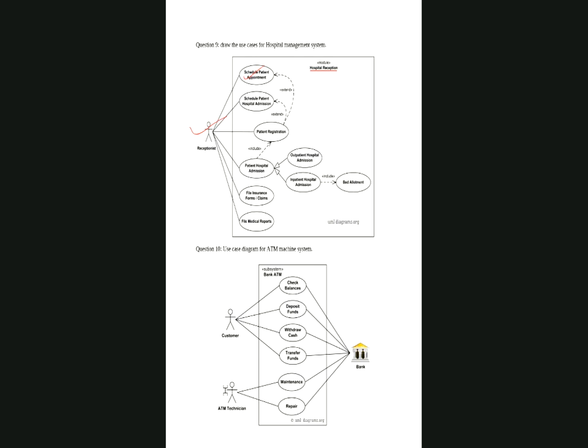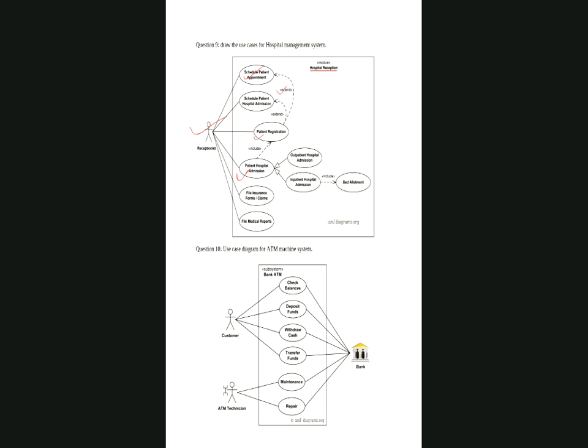So see, patient hospital admission directly: the receptionist is doing patient hospital admission. Why? This is an emergency case. If it is not an emergency, first the patient has to come for registration. When he has done registration, then it is for the patient to schedule an appointment. Now see, the appointment is given, but why is it extend? It's optional. You may attend or you may not attend the appointment.